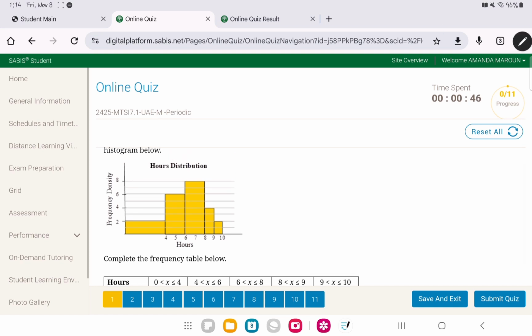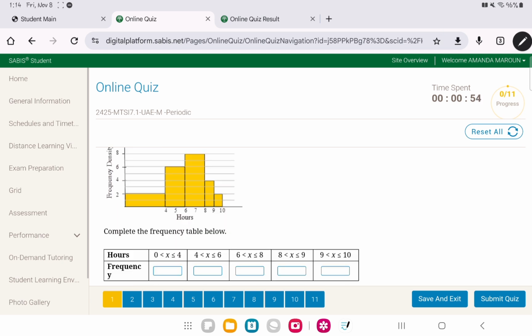Looking at our given, we have a frequency density given, we have the hours given, and we also need to find the frequency. So what's the relation between frequency and frequency density? We know that frequency density, okay, this is math, not physics, so I'll just write frequency density so you don't confuse.